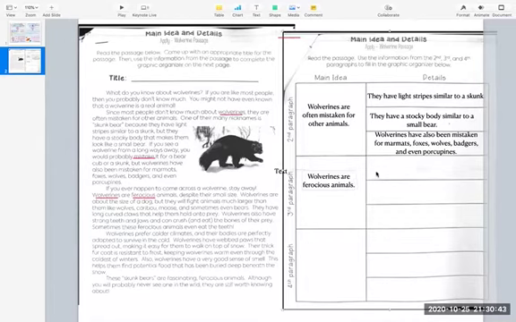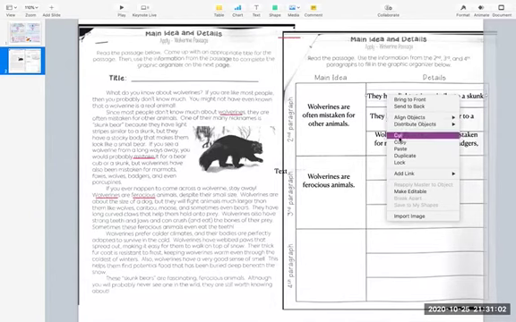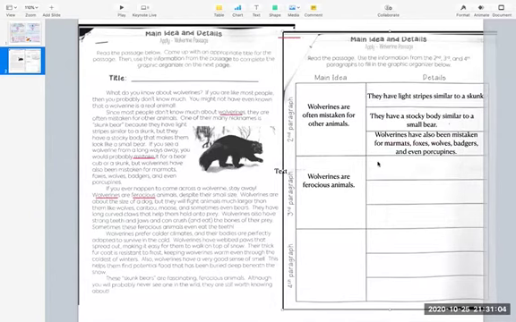So now we need to figure out what details in the passage support our main idea that wolverines are ferocious animals. So let's look. They will fight animals much larger than them. That is my first detail.